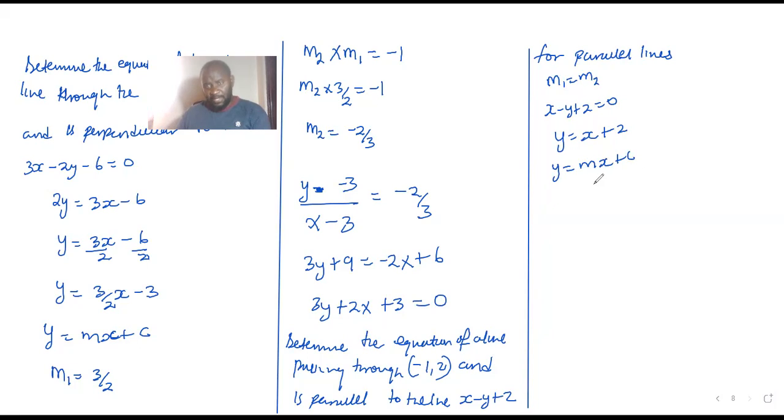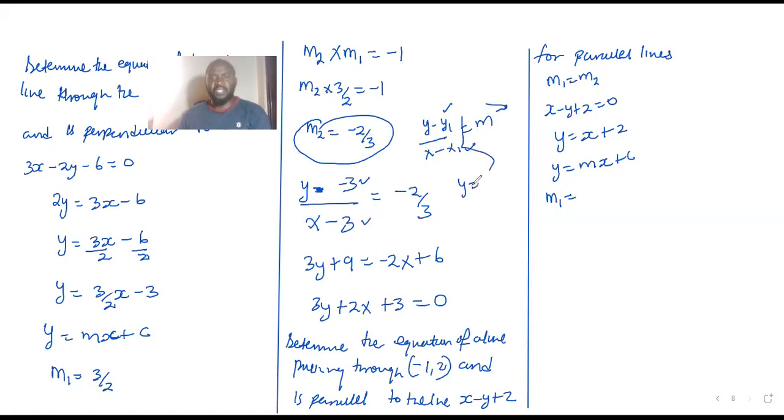So if you compare with these two, the second gradient M2 is equal to -2 out of 3. If M2 is equal to -2 out of 3, use the condition for finding the equation of the line, which says y minus y1 over x minus x1 is equal to m, with the known point.